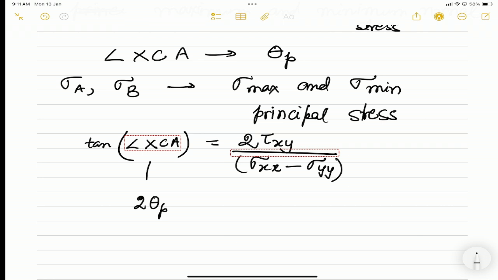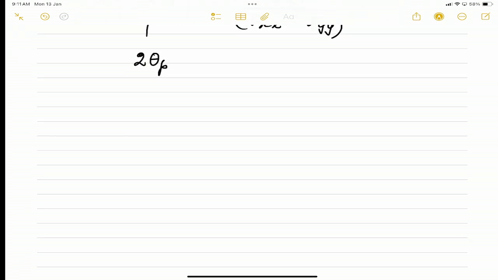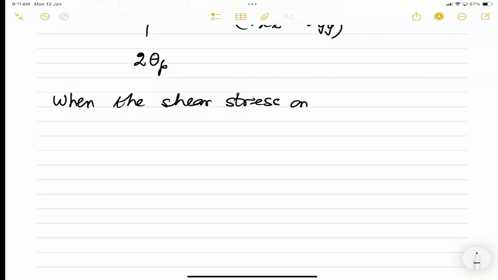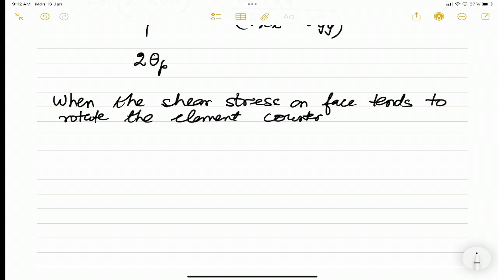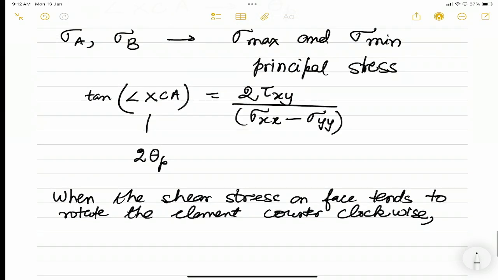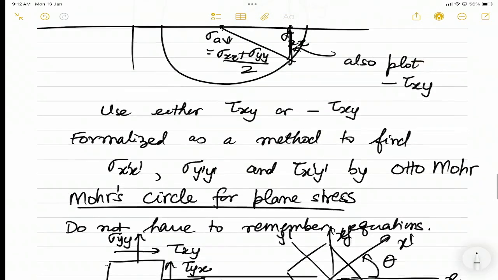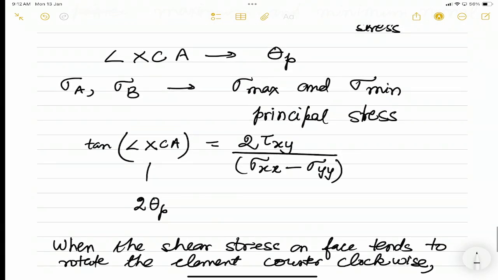Okay? And similarly, now, XCA would be theta p, but tangent of 2 times the angle.